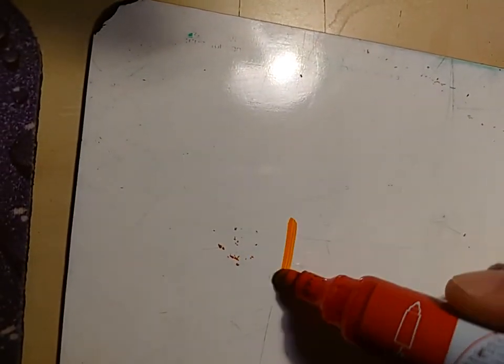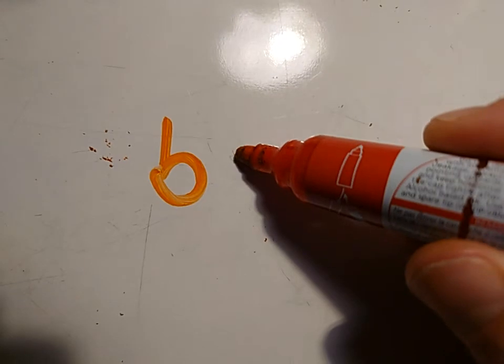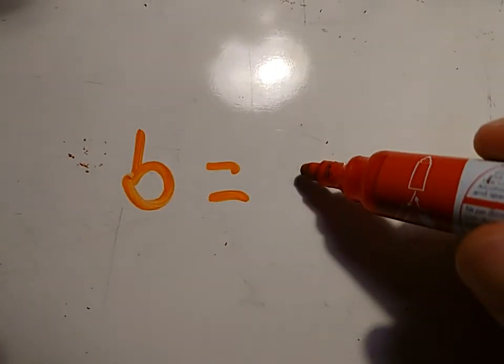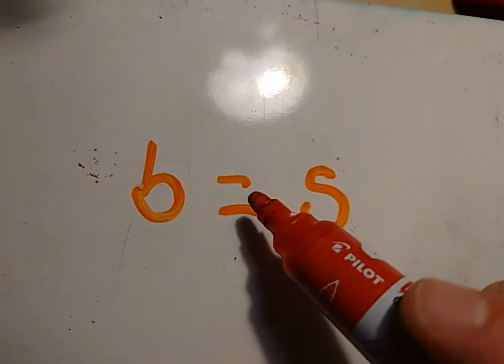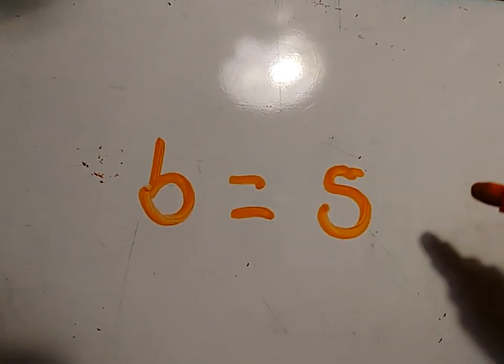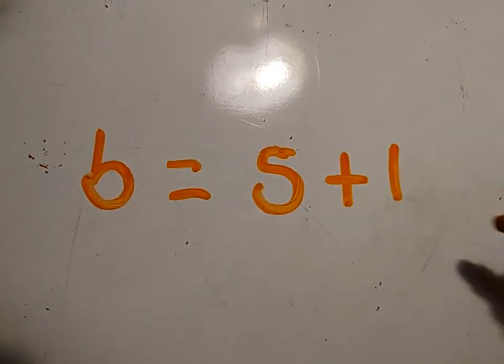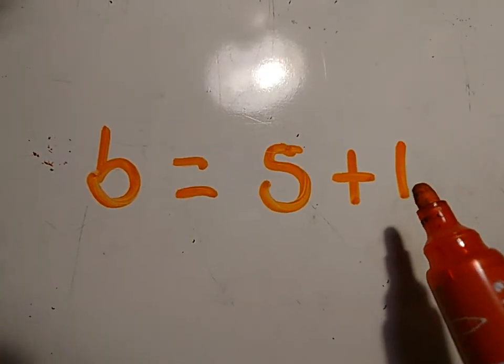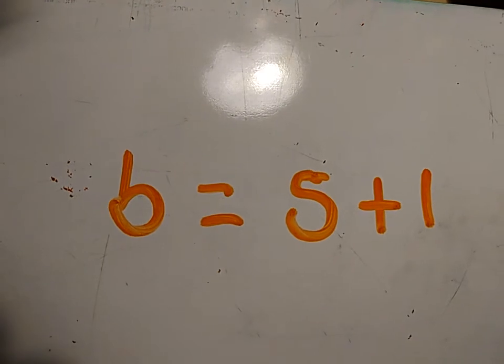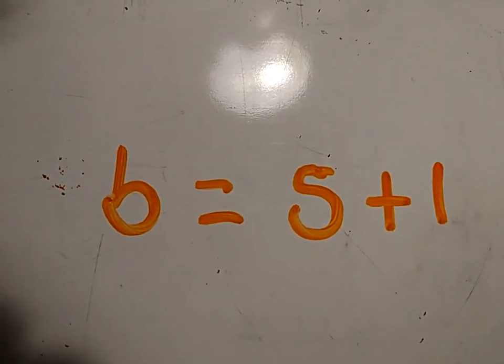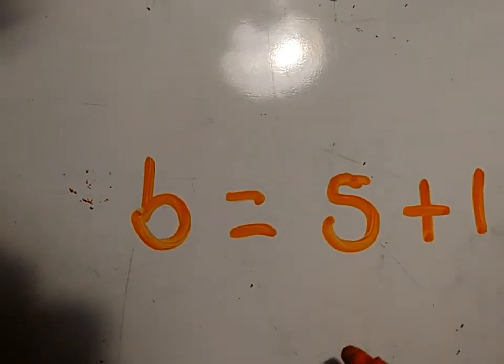So how many books do I need? Well, the books you need for each class is going to be, I'm going to call it S for no reason. So books for class equals size of the class plus 1 for the teacher, because the teacher needs one as well. So however big the class is, you also need 1 extra for the teacher.